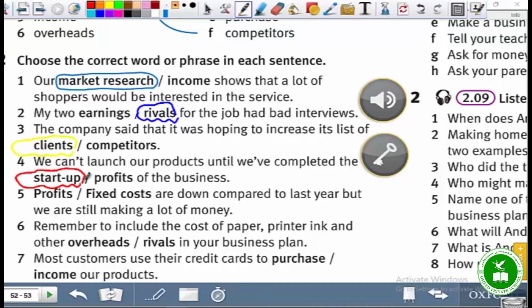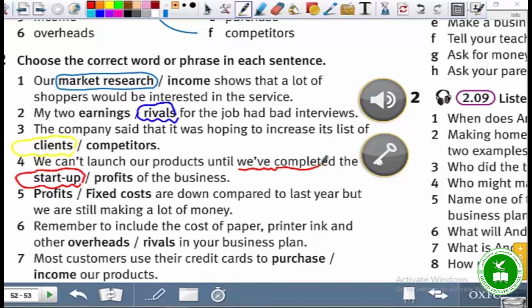We have completed, it is the present perfect tense.